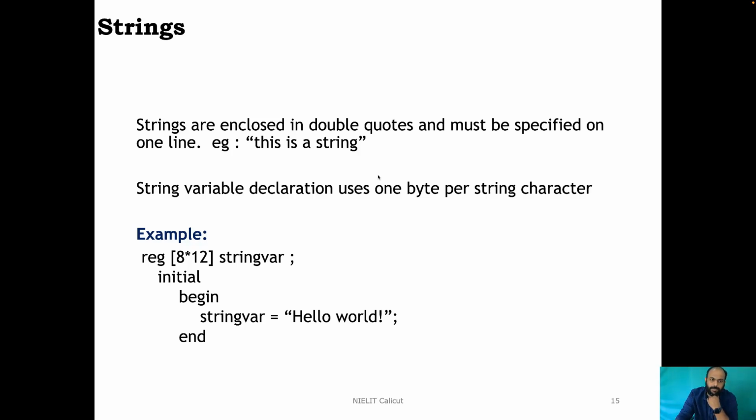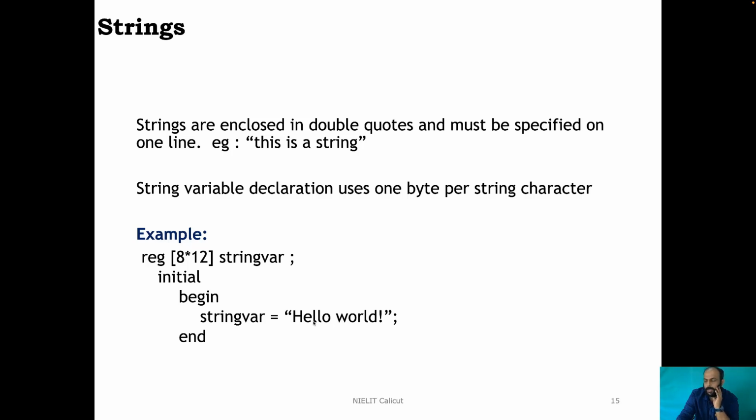Now let us see how strings are used in Verilog. A string is a sequence of characters which are enclosed inside quotation marks. String variable declarations are done in such a way that it uses 1 byte per string character. For example, suppose you want to store the string hello world. You count how many characters are there in this string: 1, 2, 3, 4, 5, 6, 7, 8, 9, 10. 10 letters, then one more character as an exclamation mark and one more character as the space between these two words.